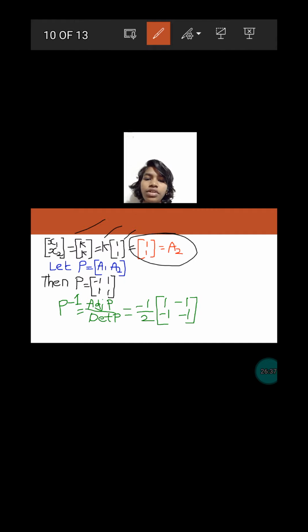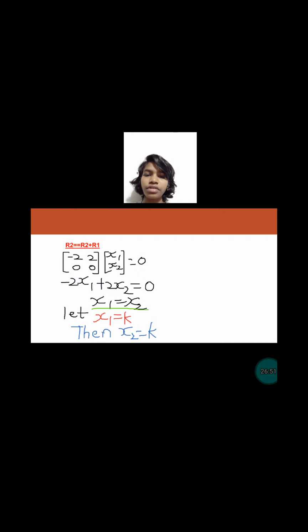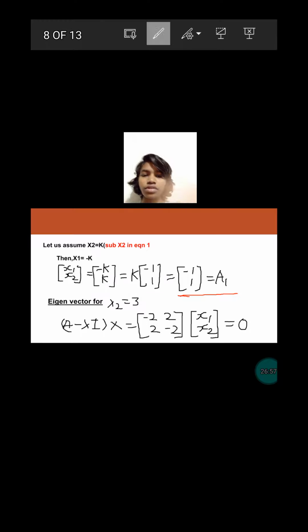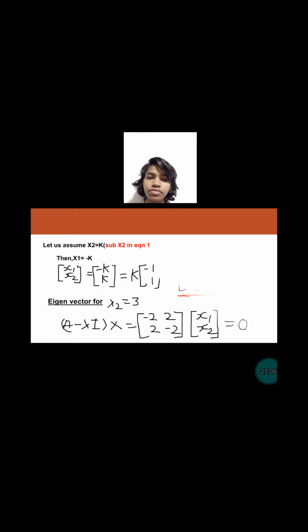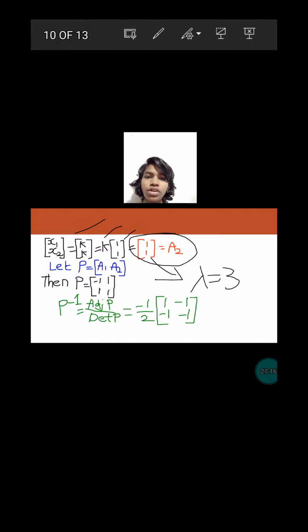Let us name this matrix A2, and this is the eigenvector for lambda equals 3. The eigenvector for lambda equals -1 is -1, 1. So for lambda equals 3 we have eigenvector 1, 1, and for lambda equals -1 we have eigenvector -1, 1.